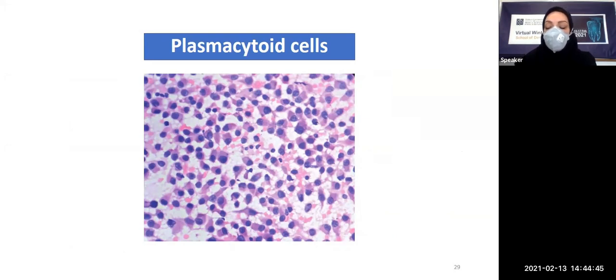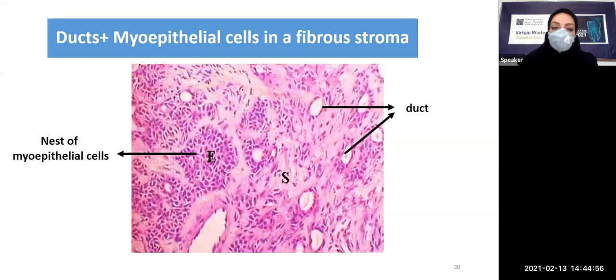If you can see this picture, then you're lucky, because it could be very helpful in the diagnosis of this lesion. So in some areas, you can see a fibrostroma, scattered ducts, and also some nests of myoepithelial cells, some of them plasmacytoid.